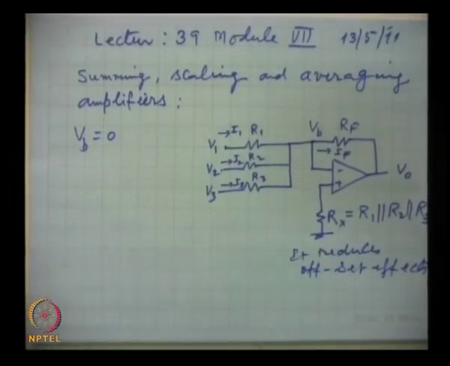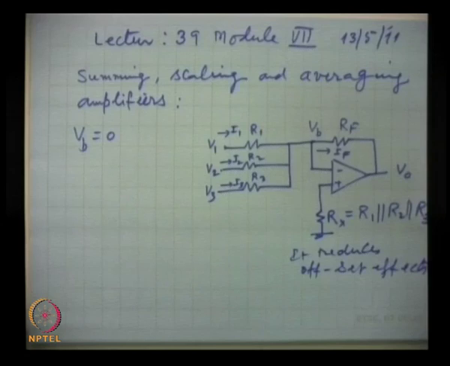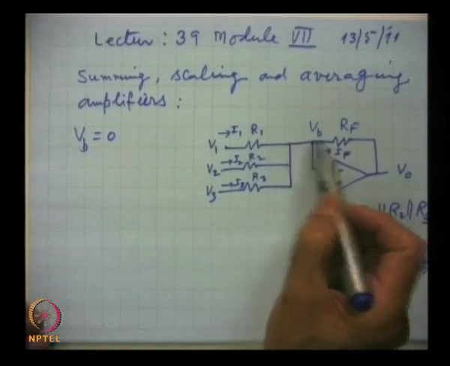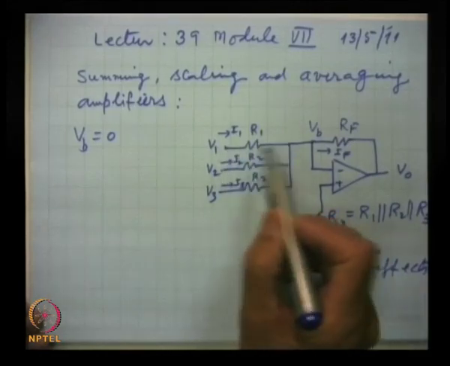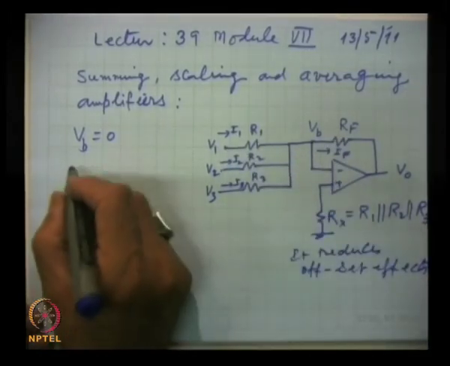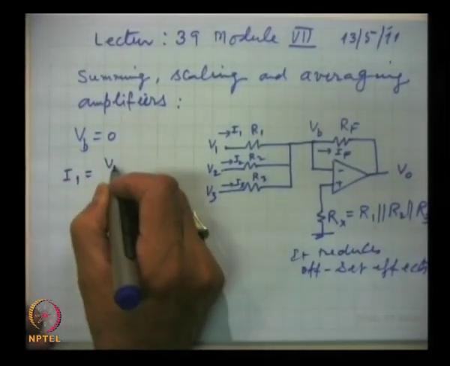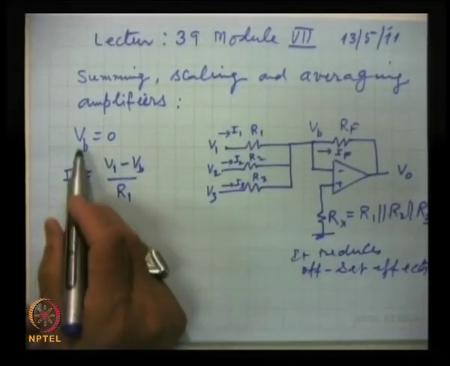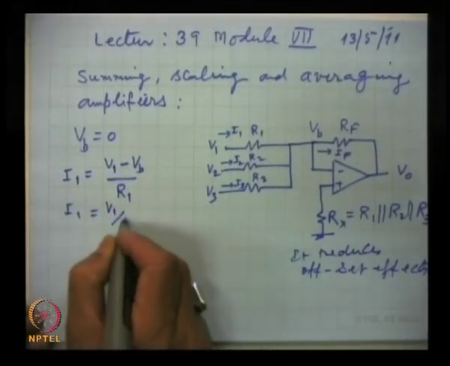Remember, we have said that the inverting input is a virtual ground. So, this is at ground potential. Hence, VB is 0. If this voltage is 0, and here it is V1, then we can simply write the expression for the current I1. This is actually V1 minus VB by R1, but because VB is 0, I1 is simply V1 by R1.